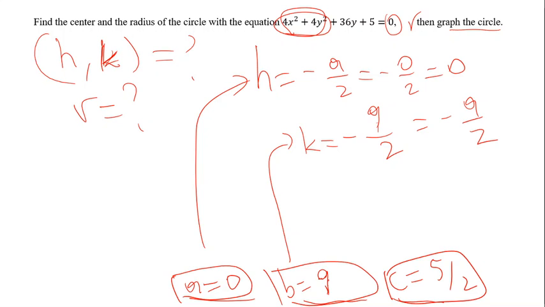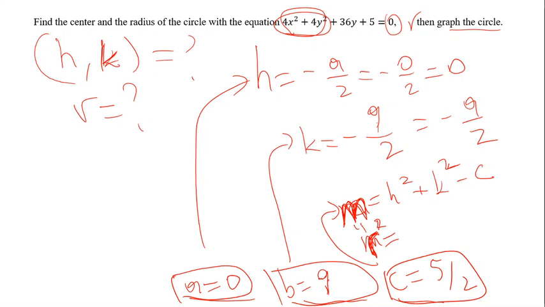And the c here, it will be h squared plus k squared minus c, okay, this is m. You can say m or r squared, it doesn't matter. If we know m is positive, you can take it as r squared.